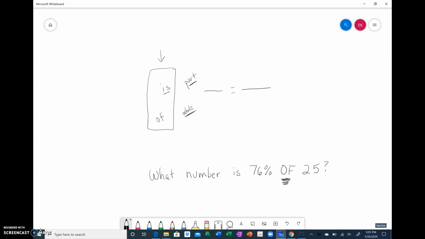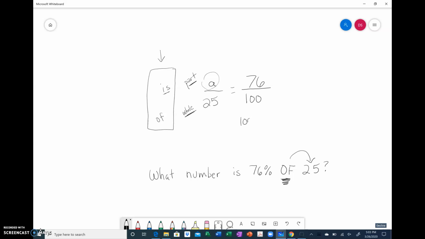What number is 76% of, so the 25 has to go in the base. That leaves me with this blank right here, and I know that that's A, because based off the percent proportion that's written out for you on page 454, the word that follows is, usually, would be A. You can use any variable, but A is what the book will use.